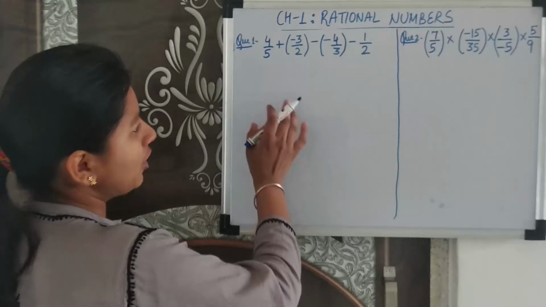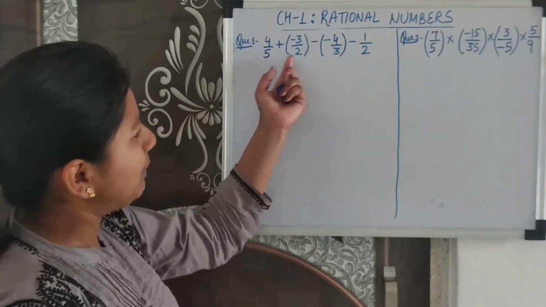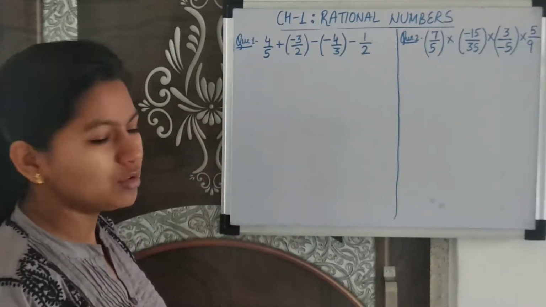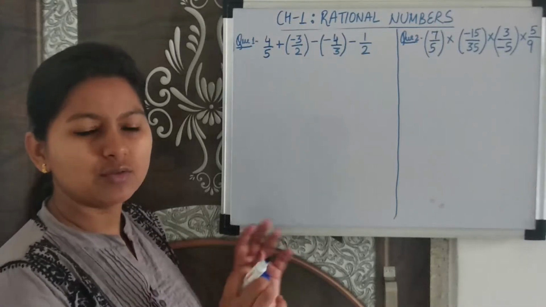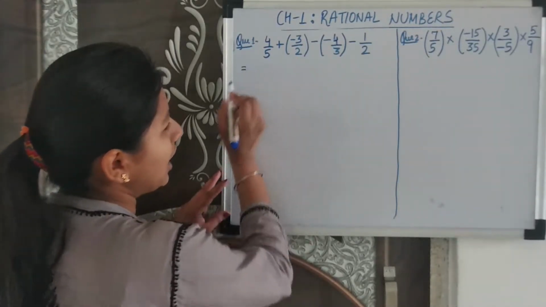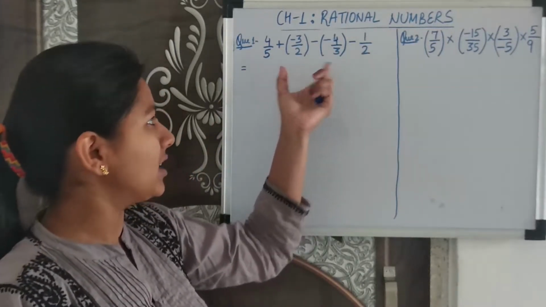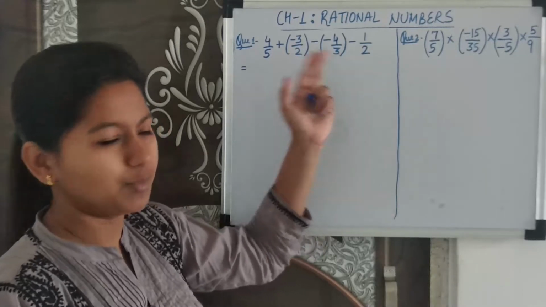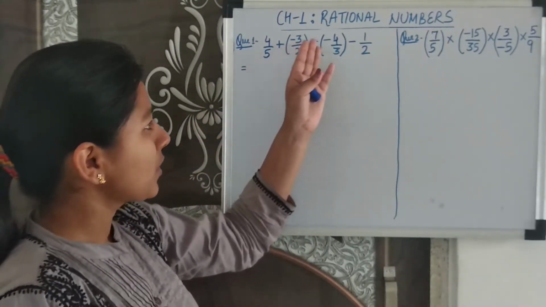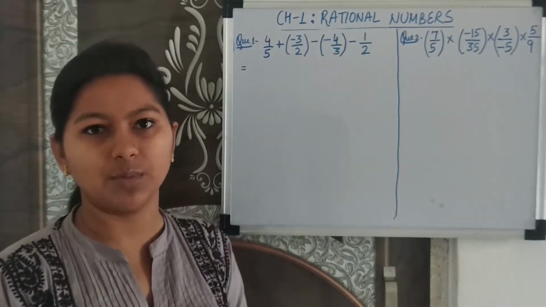Okay, now first of all, this is a simple problem which you can see has only plus and minus signs. So in this, no specific property will be used. We have to solve it by using simple calculation. In the first question I have told you, these all are rational numbers because they are in the form of p by q, and they have some negative rational numbers also or some positive rational numbers also.